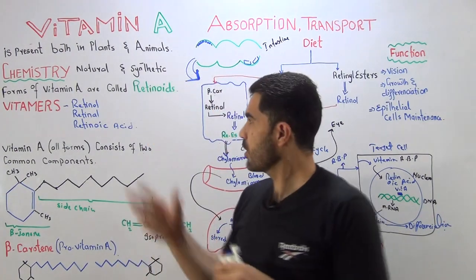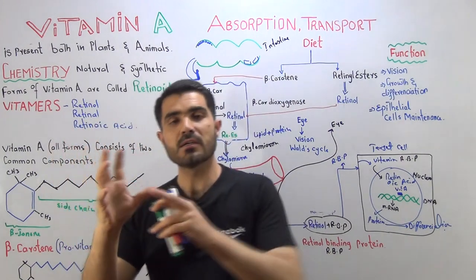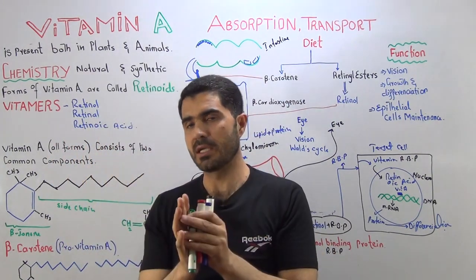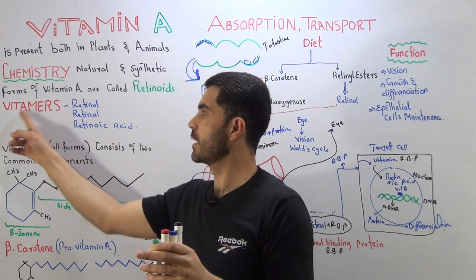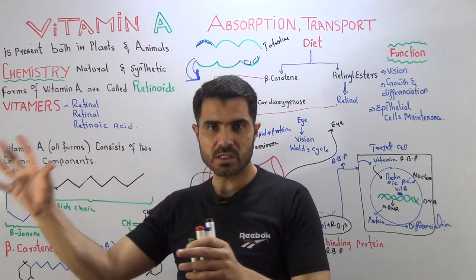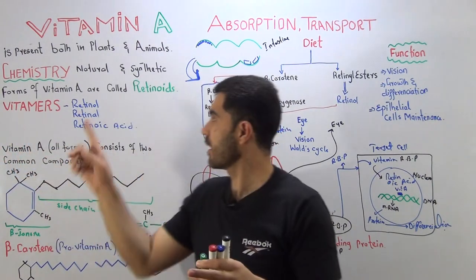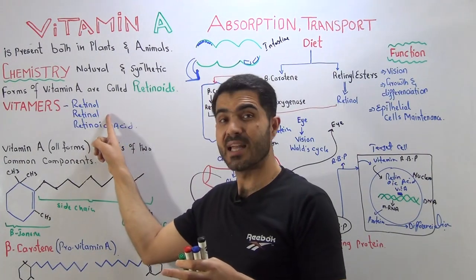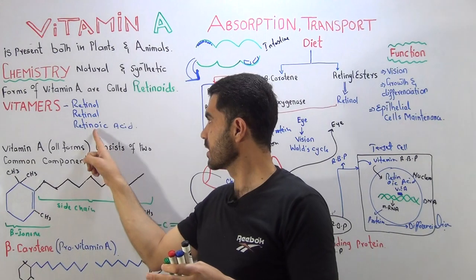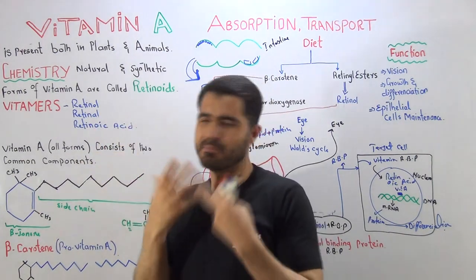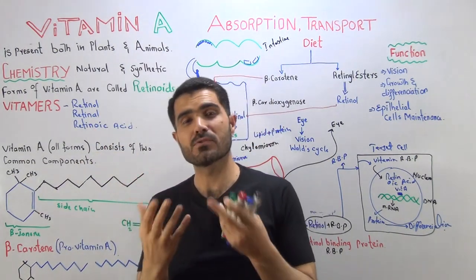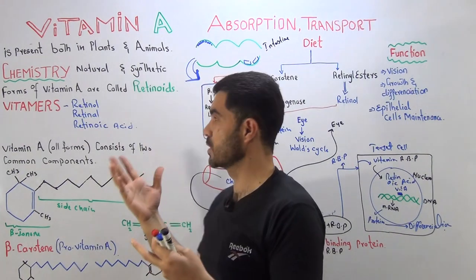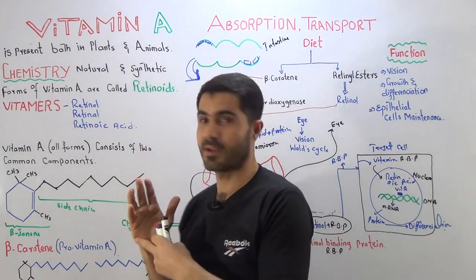These three different forms of vitamin A are called vitamers. Their names are retinol, retinal, and retinoic acid. Sorry, I am using this kind of expression just to make sure that there is a difference between retinol and retinoic acid.